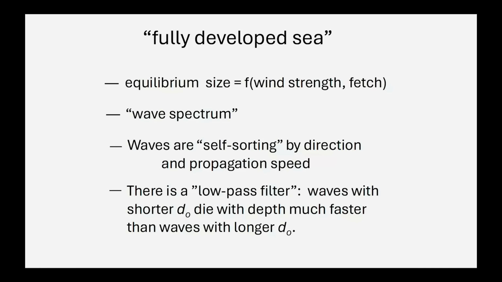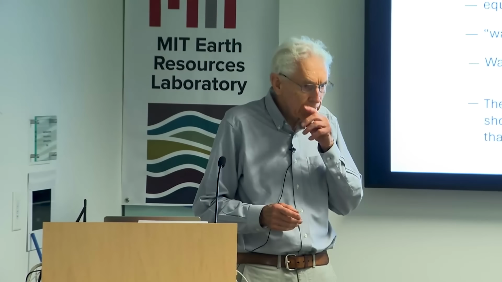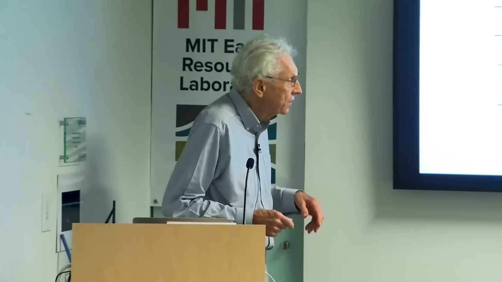So when the sea is fully developed under a storm, under a wind, how big the waves get depends on both the wind strength, but also what great a distance the wind has a chance to operate on the surface. And in a storm, if you've ever been out on a ship during a storm, there are pretty good sized waves running. They're very complicated. So there's a spectrum of waves running in different directions and with different characteristics, and they all add together.